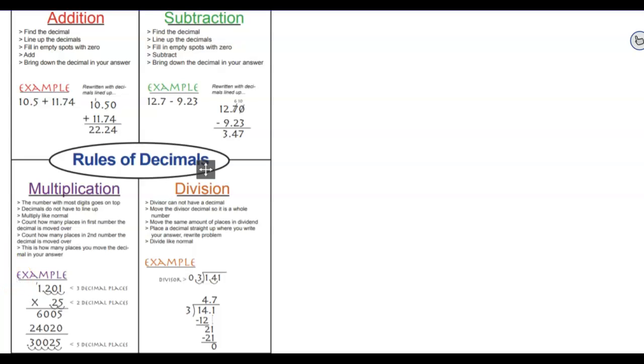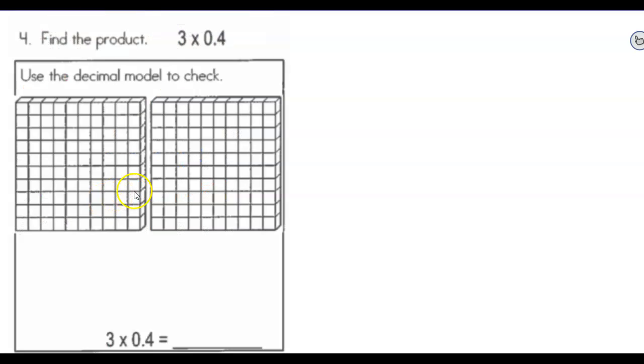Now, for the next, for the 10 problems, like down here on, I believe it's this one, it says use the decimal model to check. You don't have to use the decimal model. I want you to know how to get the answer. What I care about is what you write on this line minus the use of a calculator.